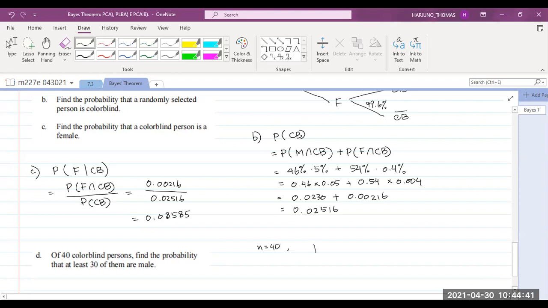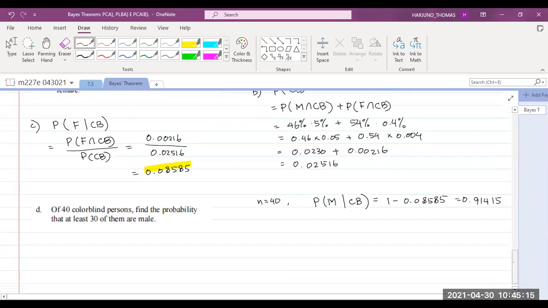Okay, what is the probability it's a male given that person is colorblind? Well, the probability that person is female is this. So the probability that that colorblind person is a male will be 1 minus 0.08585. Okay, that is 0.91415.